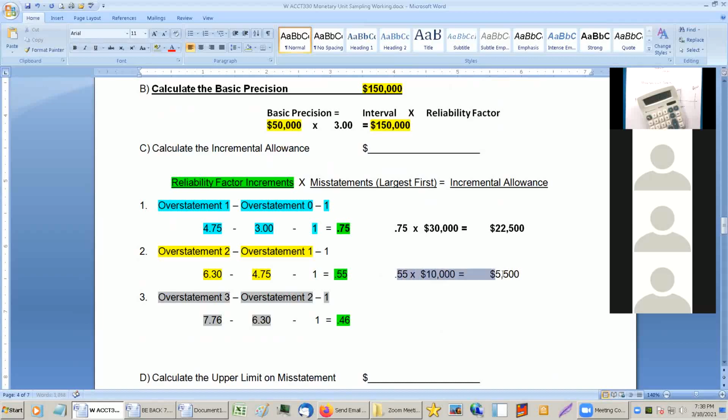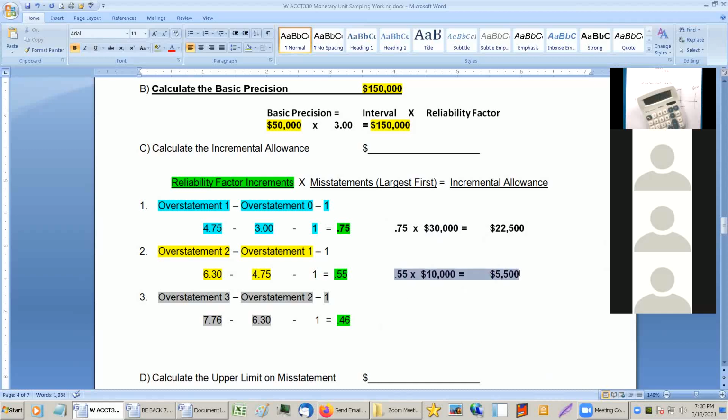So this would be the incremental 2, and notice that the larger these numbers are, the larger the incremental allowance is. If this was $1,000, it would be much less, and so on and so forth. So the size of the error matters in this. So the incremental allowance, we don't need that one over there.